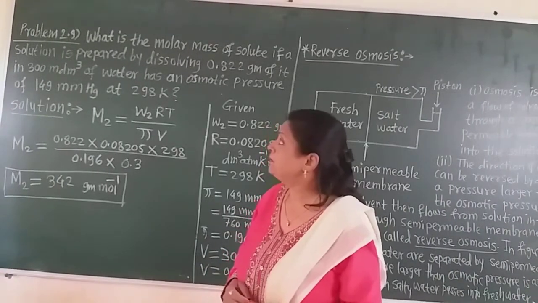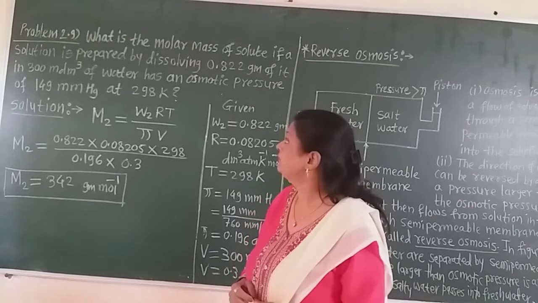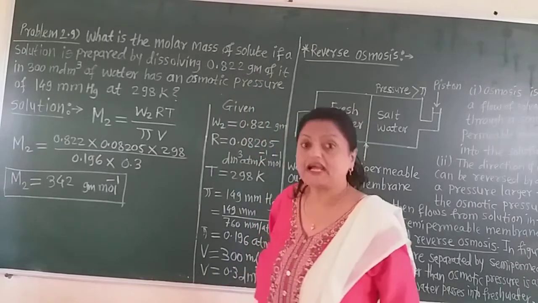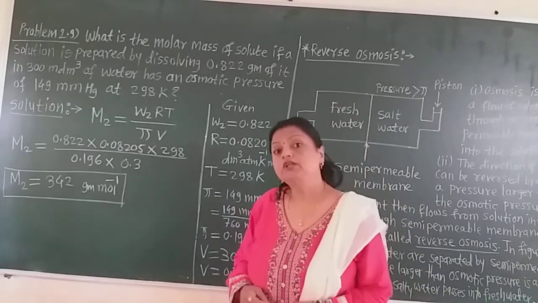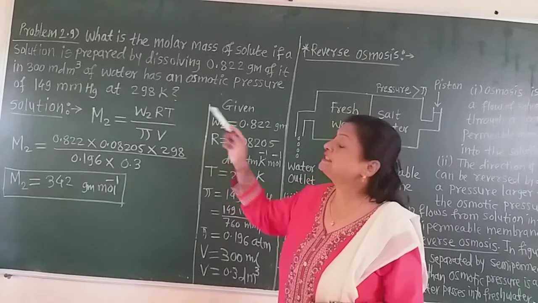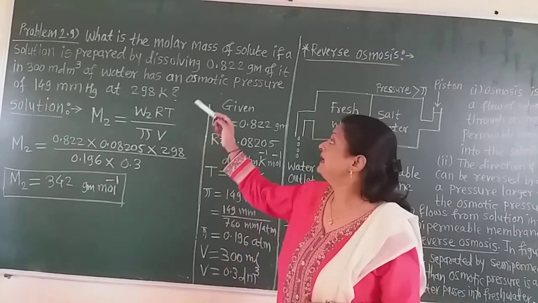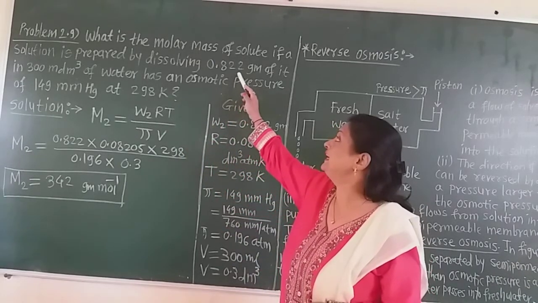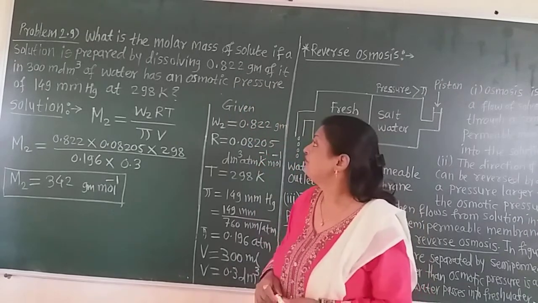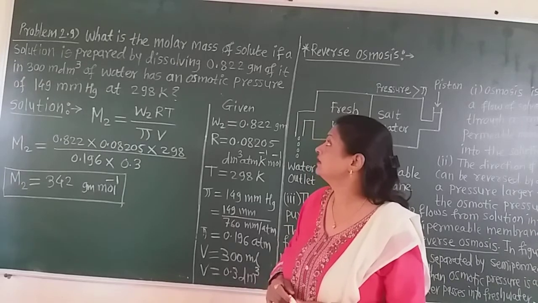Now in problem number 2.9, what is given? They ask us to calculate the molar mass of the solute if the solution is prepared by dissolving 0.822 gram of it. That means the weight of the solute is given.